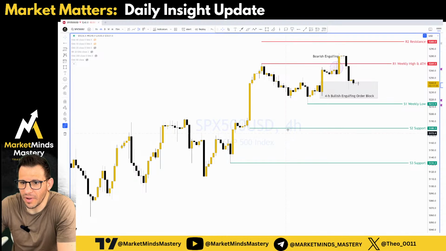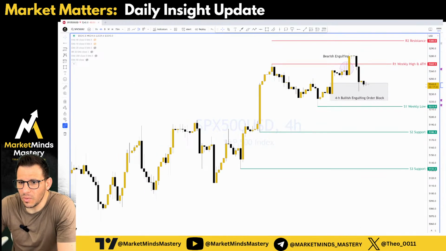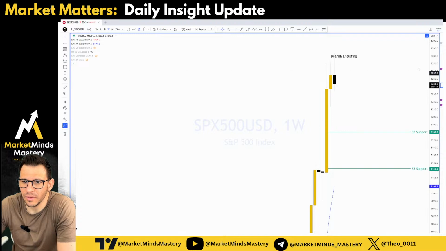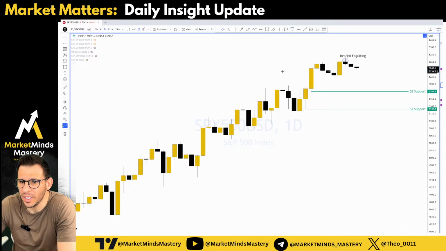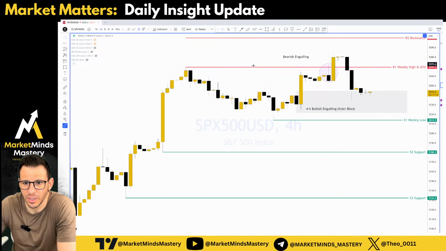Next one, S&P 500. As we expected, based on the weekly inside here, dodgy top spin candle, dodgy however you want to call it. Then on the daily chart, equal tops. On the 4-hour chart, it was more visible as a double top here.